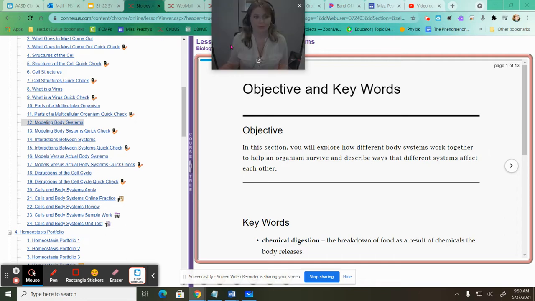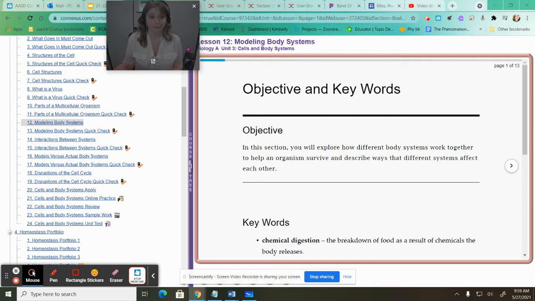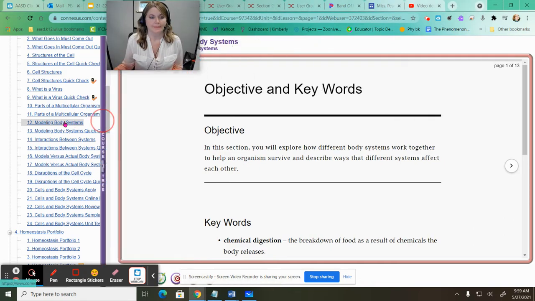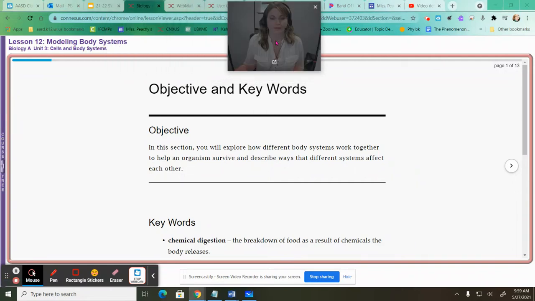So now we are over here on Unit 3, Lesson 12, Modeling Body Systems. Basically the gist of what we're doing here with modeling body systems is that biology is the general class, which is what you guys are taking. We are studying all living things.